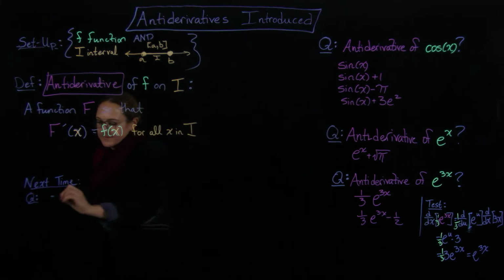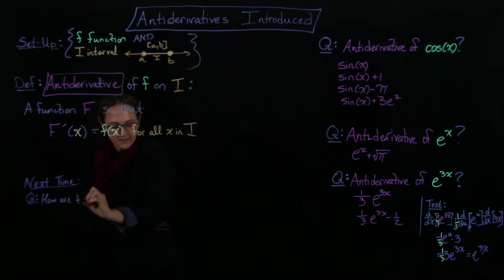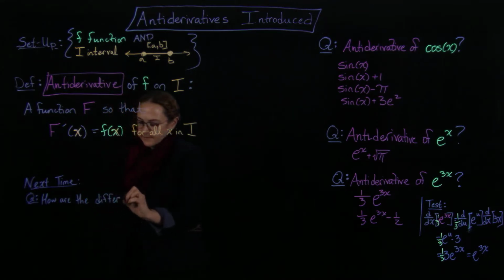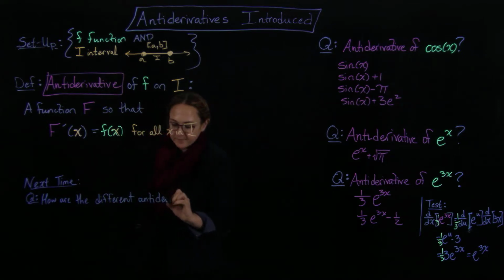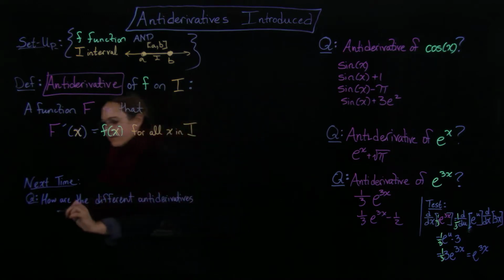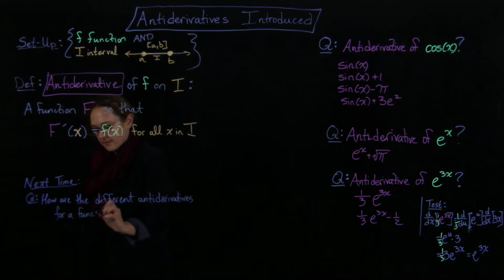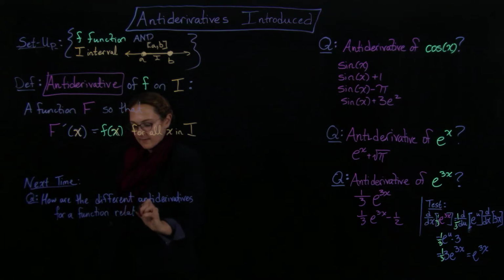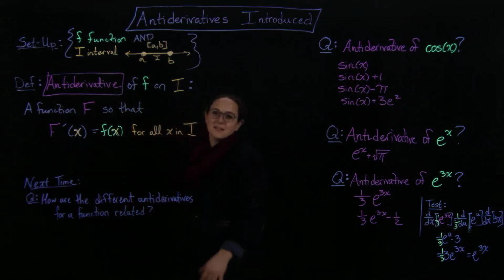So you might start to get hints about this: how are the different antiderivatives for a function related? Okay, with this having in mind, we can at least add a constant.